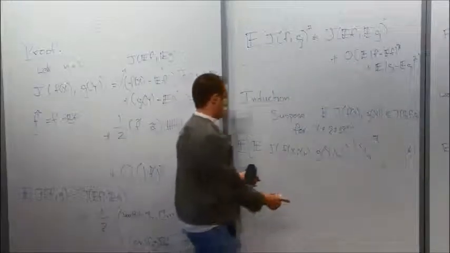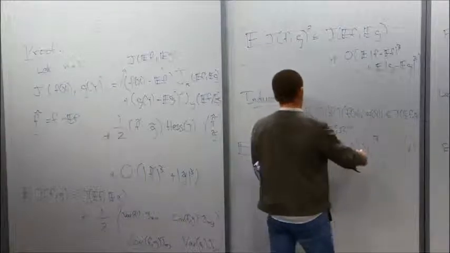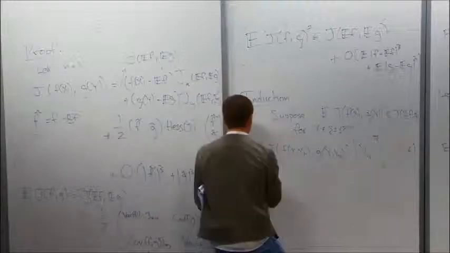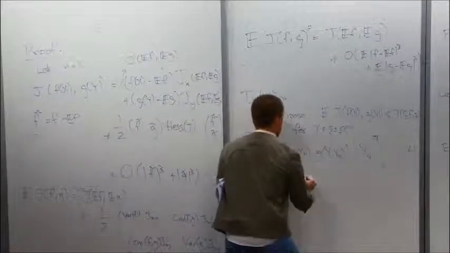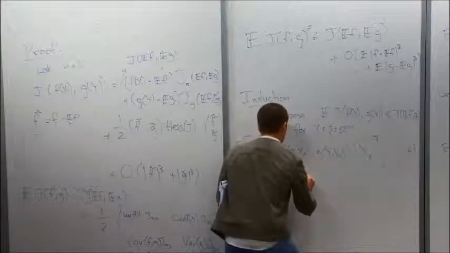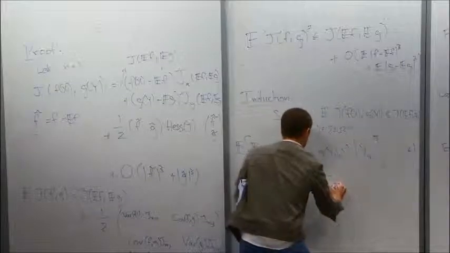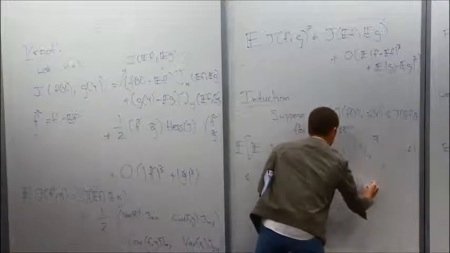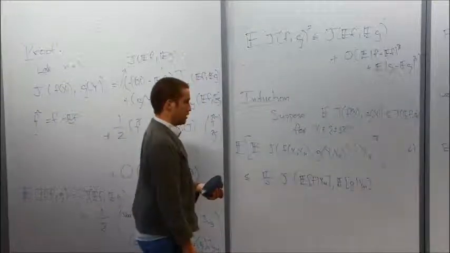right? And now the point is that conditioned on xn, this thing is actually only a function of n minus 1 variables. So I apply the inductive step conditionally, and I get j of, and in here is expectation of f given xn, expectation of g given yn. Do you want a condition on both x and y? Well, yeah, OK.